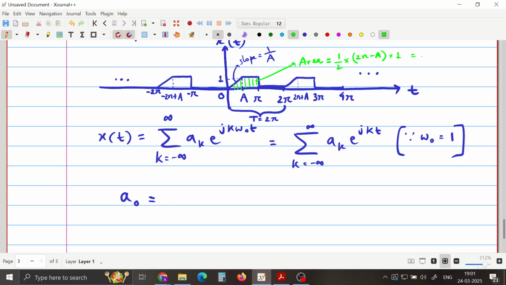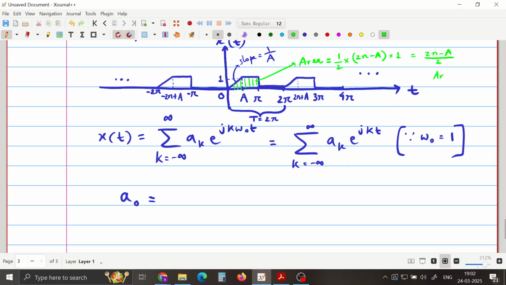So you have 2 pi minus a whole divided by 2 basically. And again remember, you have to divide this by the capital T, the fundamental period.